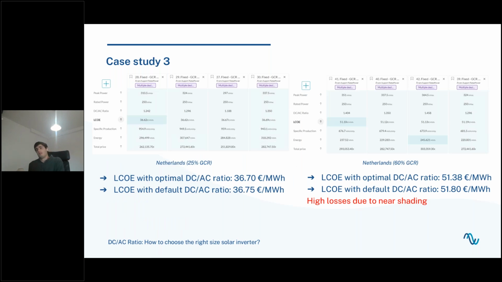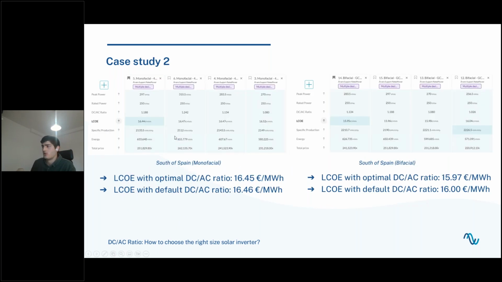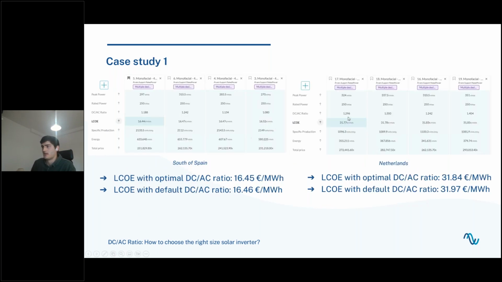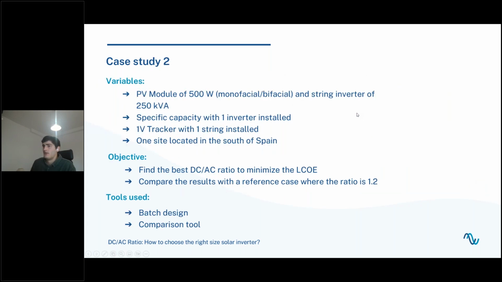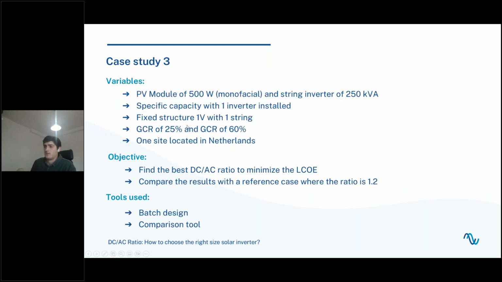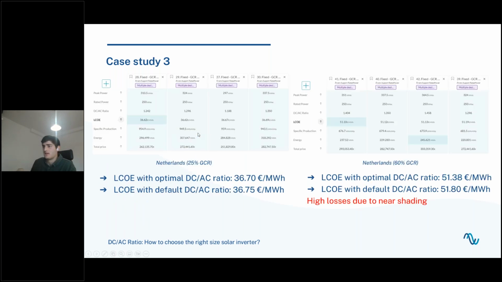When we go to this specific case study, we will see that with a GCR of 25%, the optimal DC-AC ratio will be 1.24, which compared with case study 1 in the Netherlands is a bit lower, due to the fact that the GCR is very low and not too many shades appear in this design.